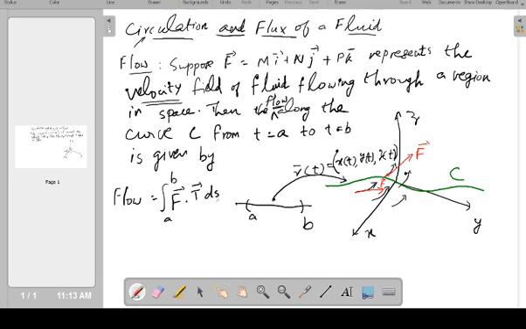This is also the same as integral a to b F dot dr, d vector r. This is the same as work done if F is a force field. So flow is the same as work done, the formula is the same, but physically there is a bit of difference. That's it. Computation is exactly the same.